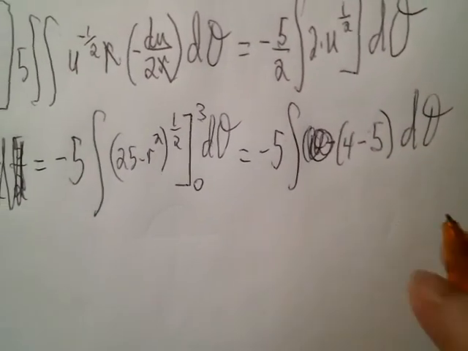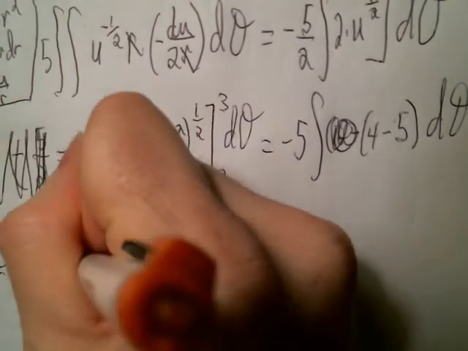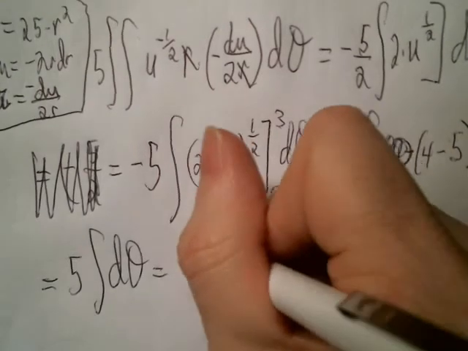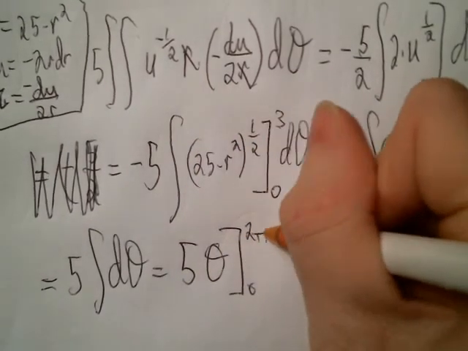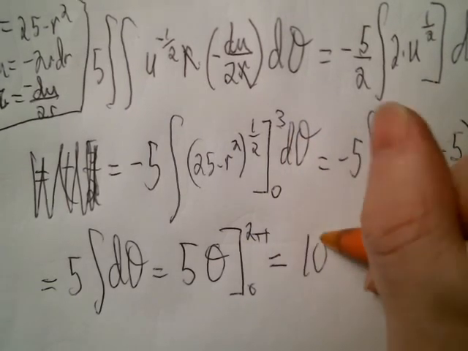So 4 minus 5 is negative 1, so if we pull that out front, I get a positive 5 integral d theta. Okay. And then the integral of d theta is just theta. I have to evaluate from 0 to 2 pi, which of course is just 10 pi.